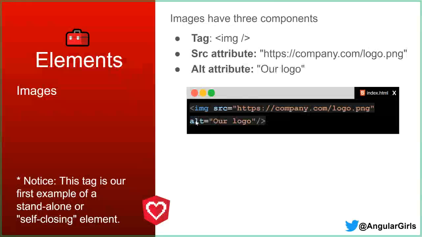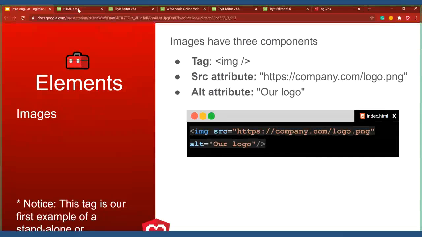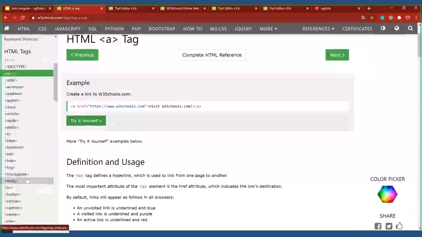And for this, it's very important to name the alt attribute too. But for us, for now, it's not so important to learn HTML. So you can do relative or absolute things as we did before.